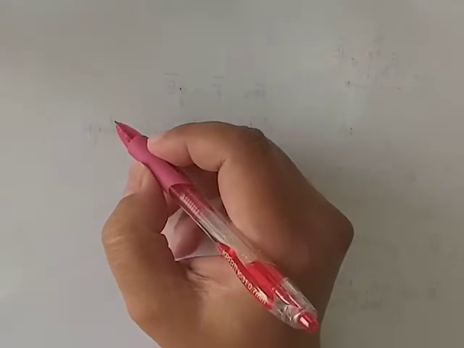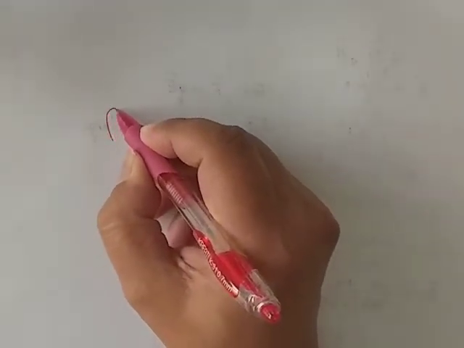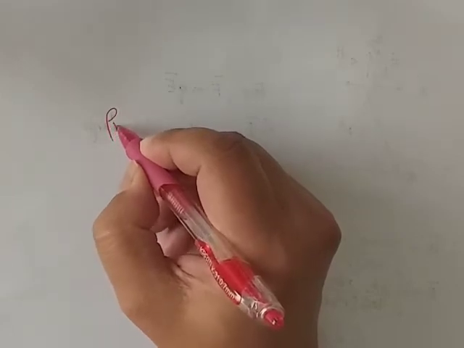We have been informed the source for an electrostatic field is going to be a stationary charge. With that, I'm going to present my general representation of a stationary charge with the symbol rho v. And we know that rho v is the symbol for volume charge density.